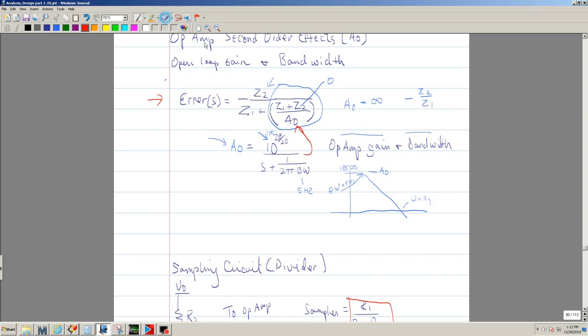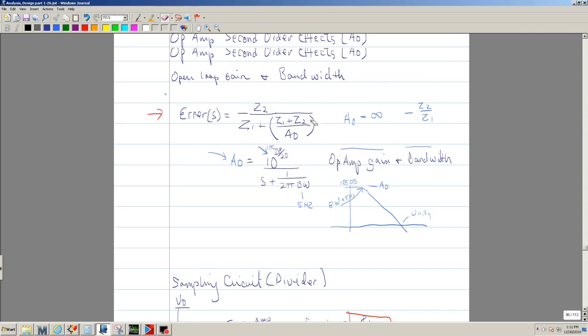Let me clean it up. See if I can clean this up. Okay, let's see what else.